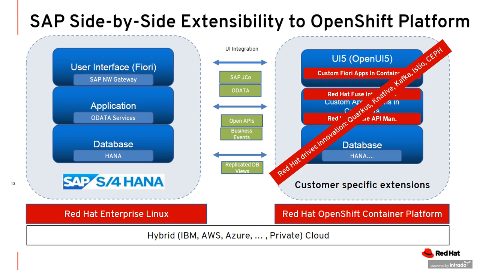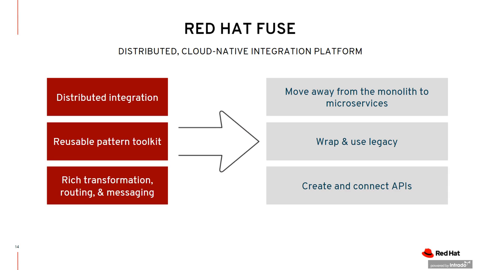Now, if we look at these individual solutions, first of all, Red Hat Fuse is available for distributed integration rather than putting the customers on one single enterprise service bus. You can create reusable pattern toolkits, multiple APIs, and then wrap them as templates.